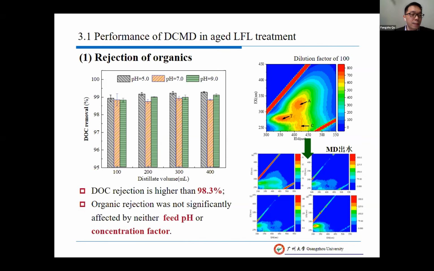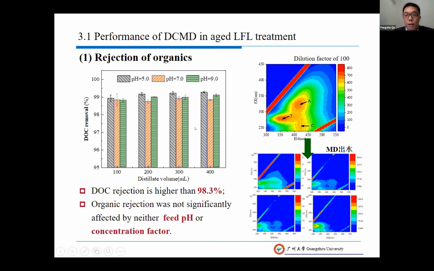Okay, the third part is the experimental results. First of all, we investigated the performance of this MD in landfill leachate treatment. From this figure, we can find that the organic rejection rate was generally higher than 98%. The change of the pH did not affect the organic rejection.